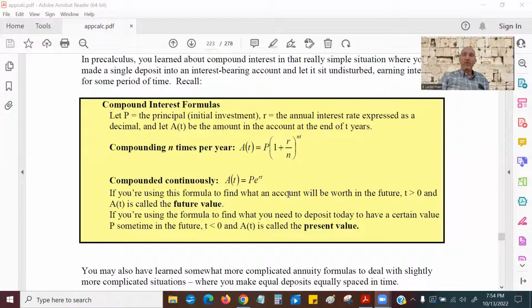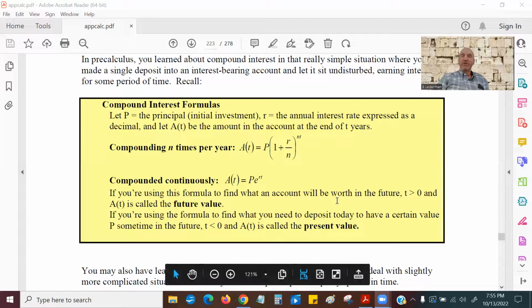So if you're using the formula to find what the account is going to be worth in the future, that is called the future value. And if you want to know what you need to deposit today to have a certain amount of money in the future, then A of T is called the present value. In other words, I want to have $1,000 in 5 years from now. So how much do I have to invest now?